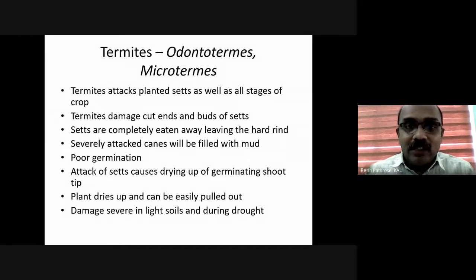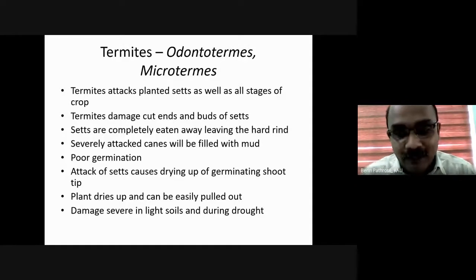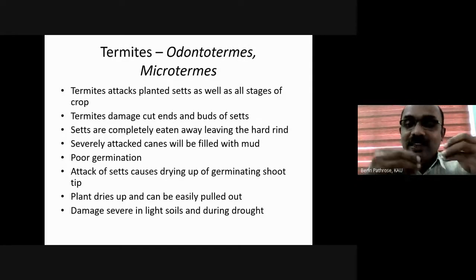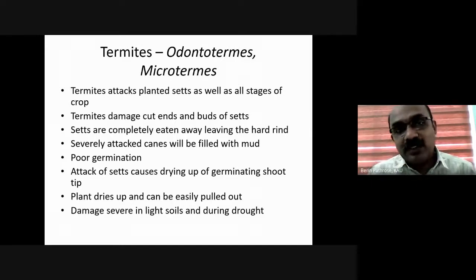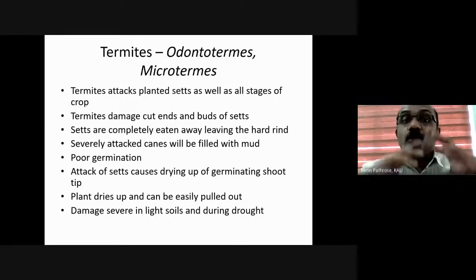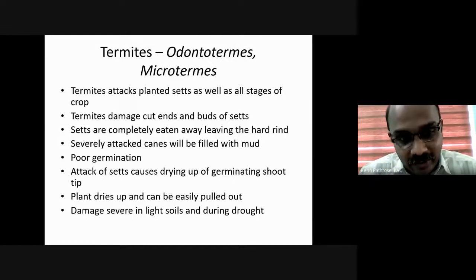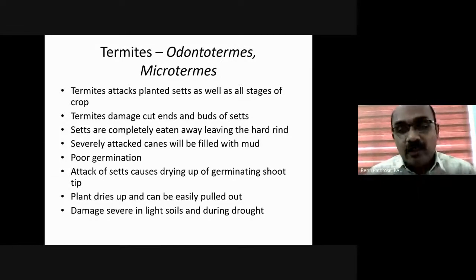And as you all know, whenever there is a termite infestation, the entire area will be filled with termite mud. So once there is a termite infestation, the entire set will be filled with mud, only the outer rind will remain. So the set will be fed upon by the termites.